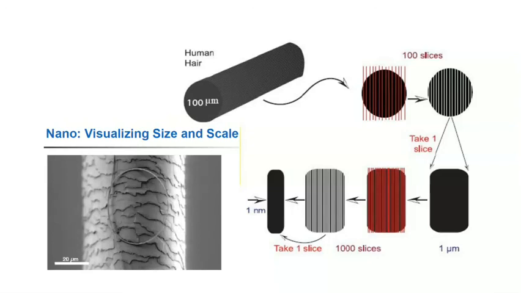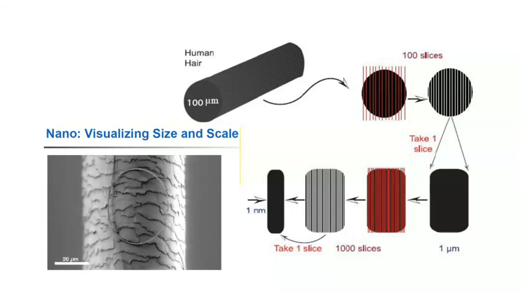If you take one slice, then one slice is equivalent to 1 micrometer. And now for that 1 micrometer diameter, if you cut it into 1,000 slices, and pick up one slice out of these 1,000 slices, then it is equivalent to 1 nanometer.